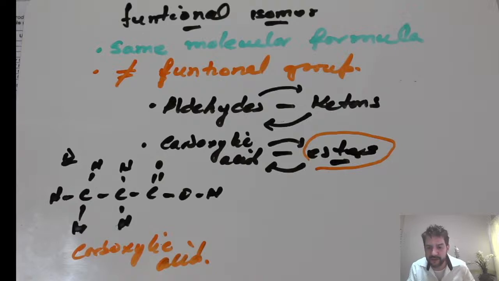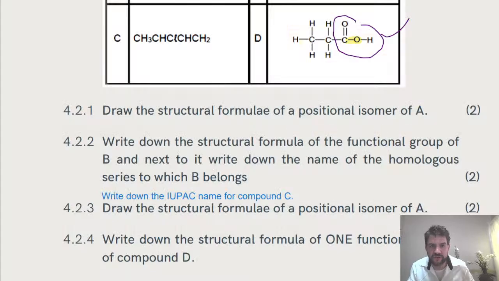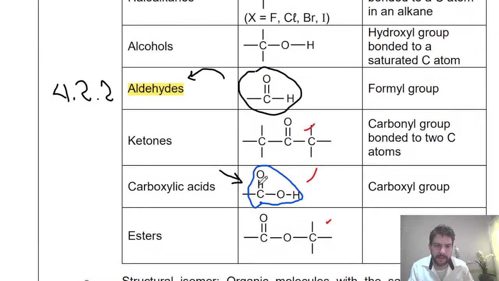Let's look at the functional group of the ester. The functional group, look here, for esters: carbon, double bond O, connected to oxygen, connected to a carbon. So the first thing I'm going to do is the functional group.